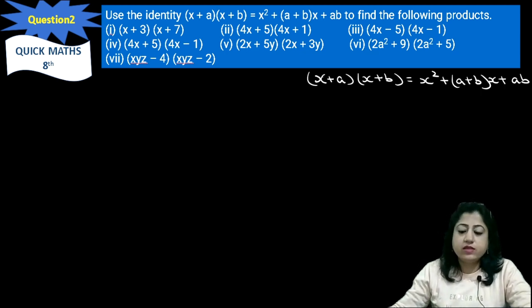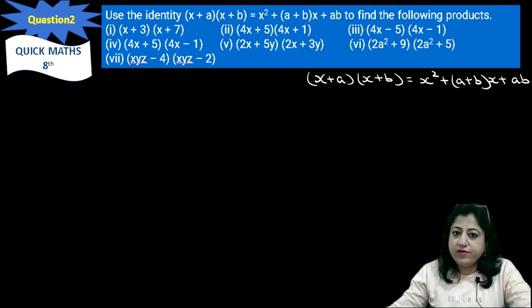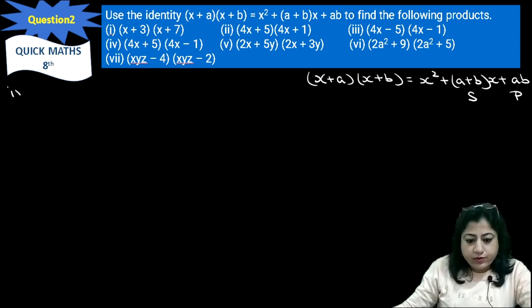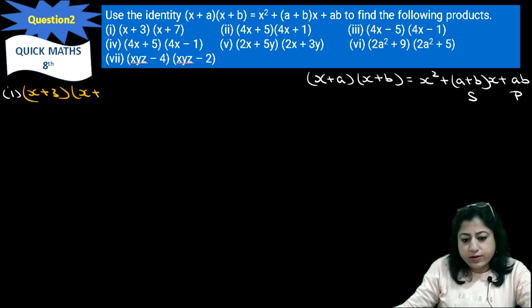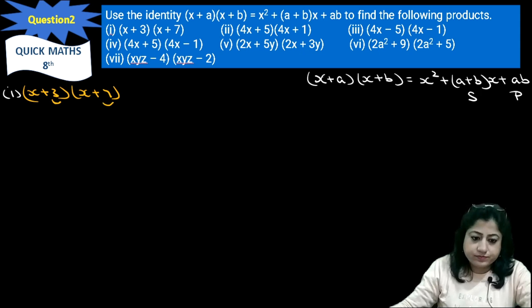So in these cases we have to determine the a and b values, then first do the sum and then the product. In the first part it is x plus 3 and x plus 7. Now in this case, what is a? a is 3 and b is 7.